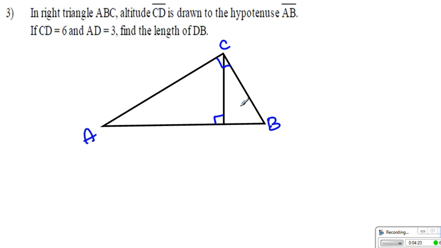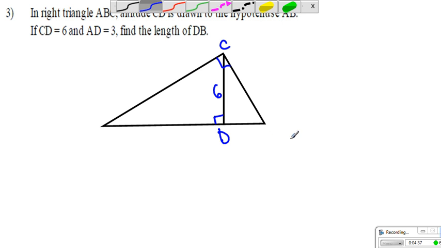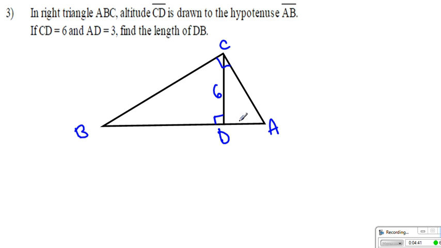Right angle, right angle. Now, here CD is equal to 6, and AD is equal to 3. So in fact, it might be better for us to switch A and B. Then this will be equal to 3. Now, what we are looking for is DB. We can call this one X.